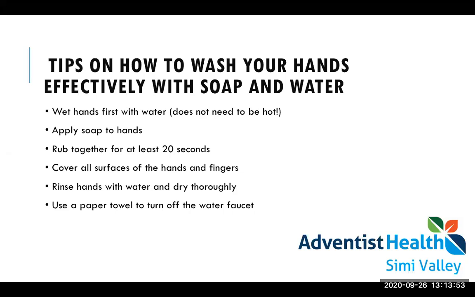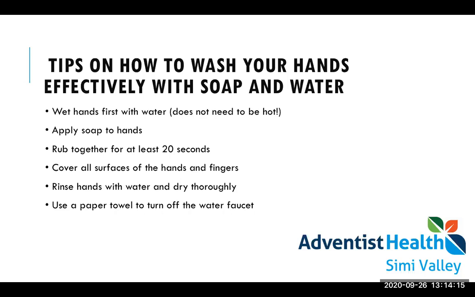All right, so you wet your hands, you apply the soap to the palm of your hands. You're going to be washing and rubbing your hands together for at least 20 to 25 seconds. That's the amount of time that you can sing the ABC song at a short or medium pace, or sing the happy birthday song twice.